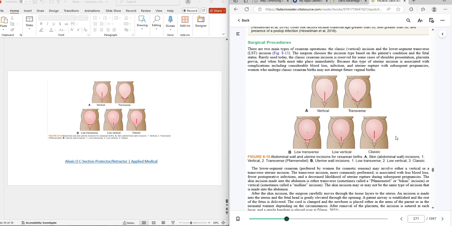So, but once a mom is cut one way, usually the doctor cuts the same way every time. So if she's had a classic, then they're going to go back with the classic. Okay. But we like the low transverse or the bikini incision. Okay.